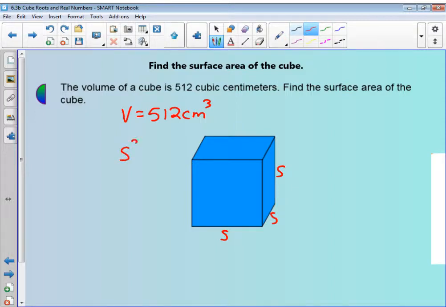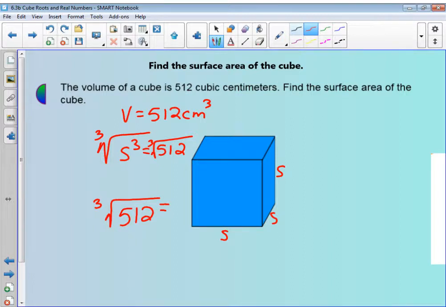So S to the third equals 512. Okay, so to get S by itself, I would have to do the cubed root, not cubed, cubed root of that. So I need to do the cubed root of 512. Okay, so that has to be my first step.